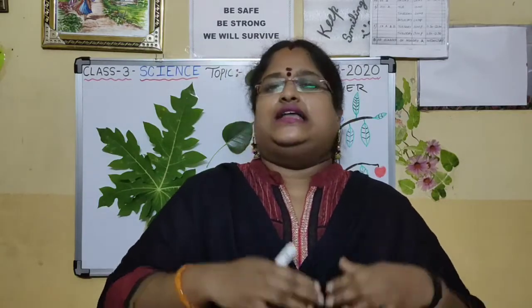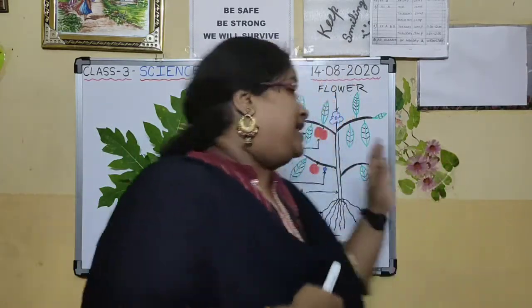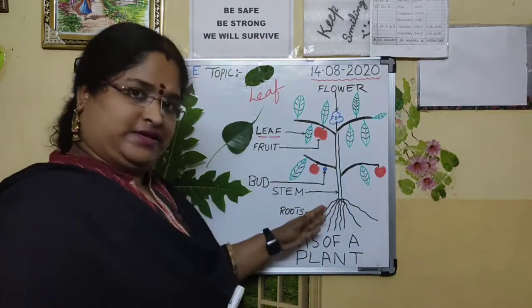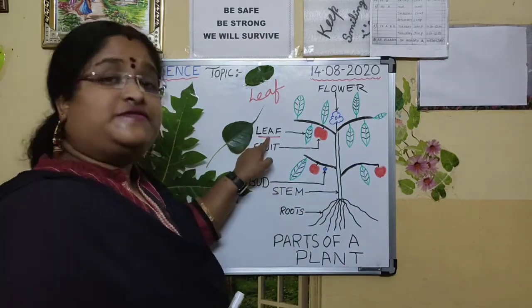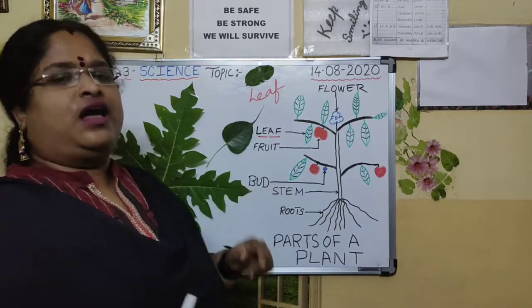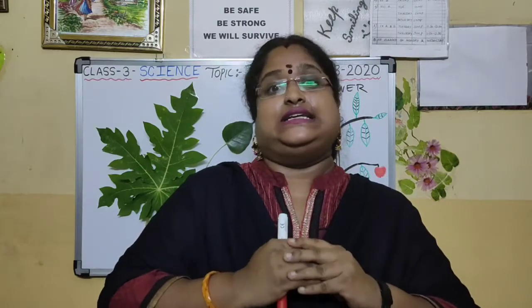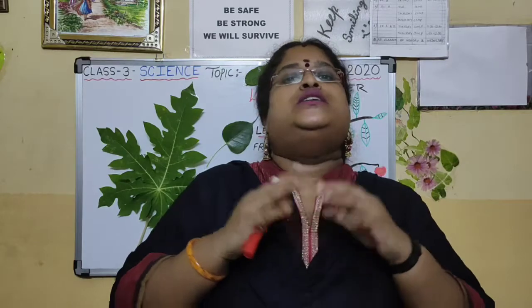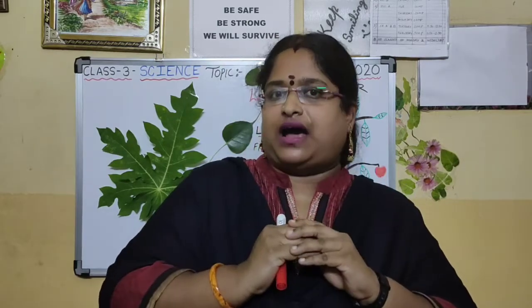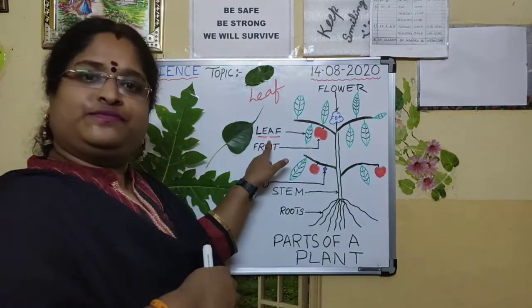Chlorophyll traps the sun's energy and the carbon dioxide, air and water, and it makes the food for the plant. That's why leaf is the essential part of the plant. In all the plants you can see the green part that is attached to the branches. Each of the green parts is called a leaf of the plant.